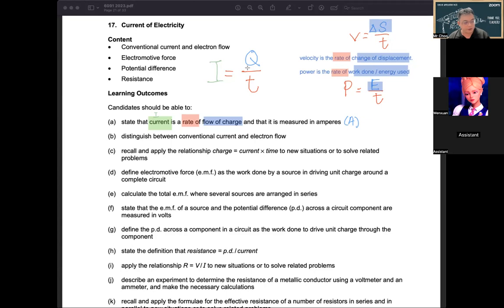What is the value of 1 C? Q of 1 C means 6.24 times 10 to the power 18. This is a very, very big number. So if your current is 1 ampere, it means there are 6.24 times 10 to the power 18 charges or electrons moving through that point every second. That's the meaning of ampere. Okay, so far?